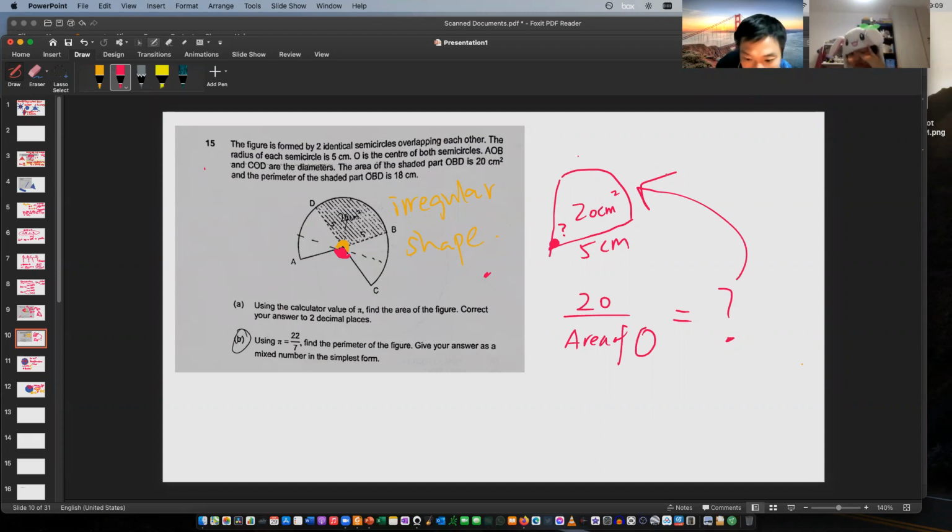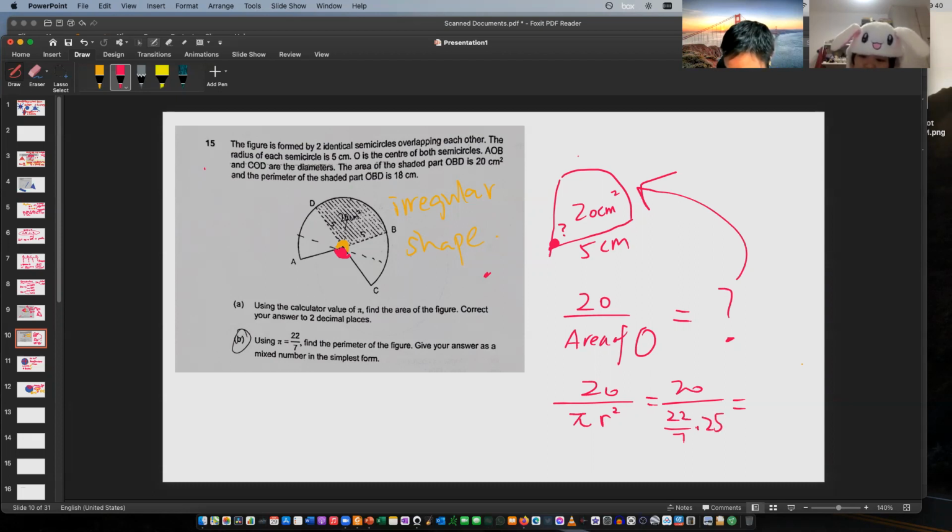So 20 over the area of the circle, which is pi r squared. So 20 over pi, 22 over 7, times r squared. It says the radius of each semicircle is 5 cm. Yeah, 5 times 5 is 25.